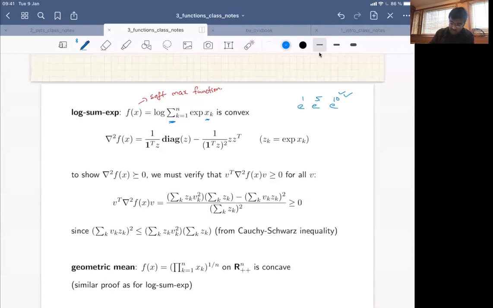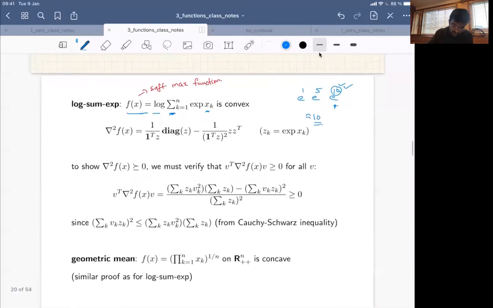Then you take the sum, and this guy will dominate, and then you take the log of that, so you will get something close to 10. So what this function is doing is finding the maximum in a soft way. This is called softmax.